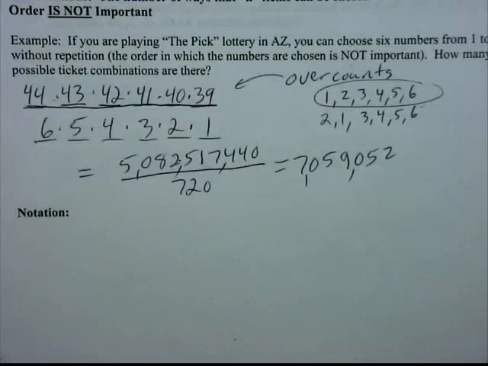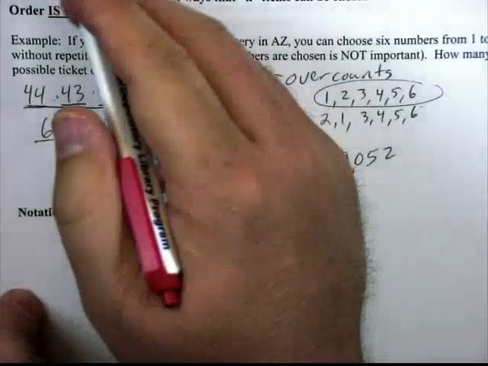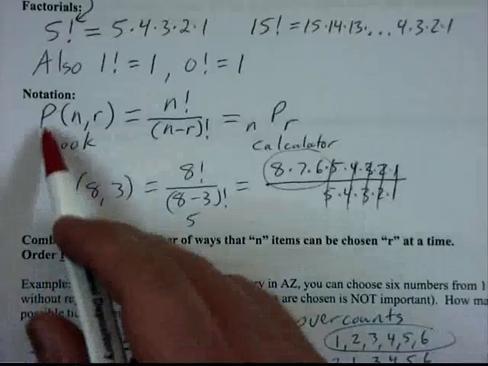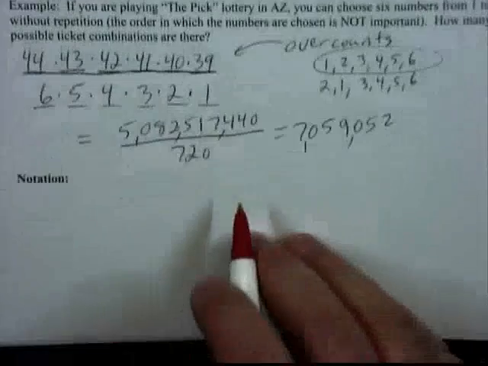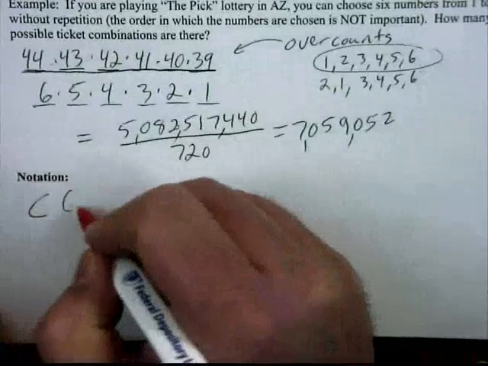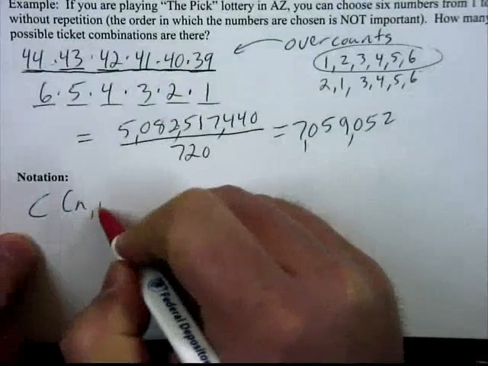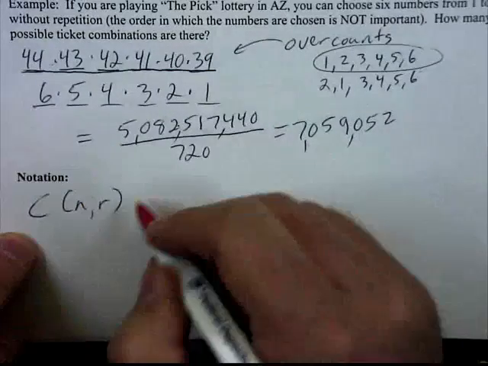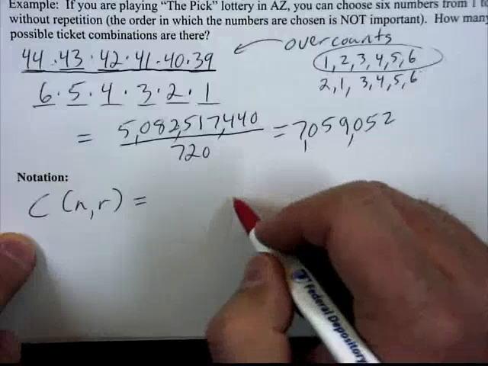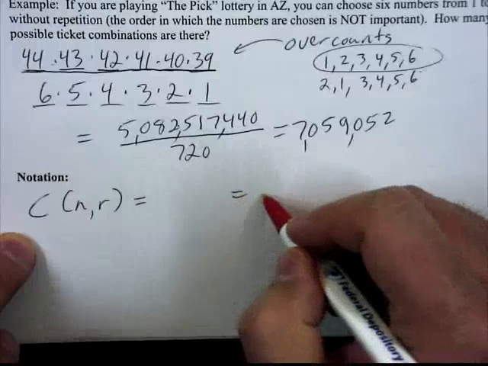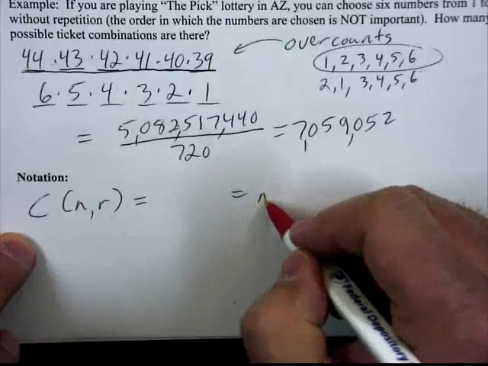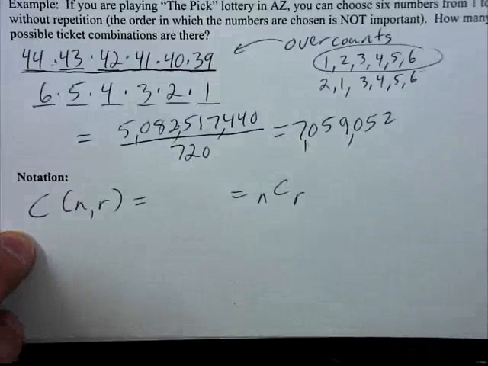So what's the notation on that? Well, the notation is very similar to the notation up above, but instead of P's, we're going to have C's since we're dealing with combinations. So it'd be the combination of n items chosen r at a time, and that could also be nCr, like that.